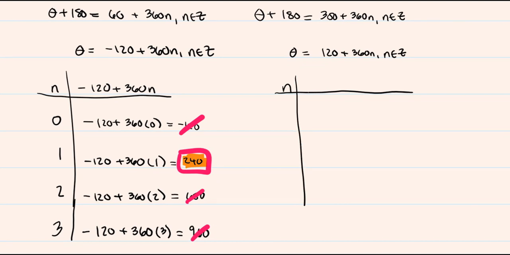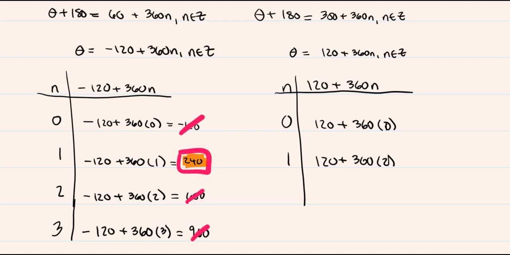And this one, we won't really even need to do that much with this one because the value that we got for this particular angle to start with is 120. So if we put 0 in there and 1, so we'll have 120 plus 360 times 1, and then we'll have 120 plus 360 times 2, and we already know that's going to be more than 360.